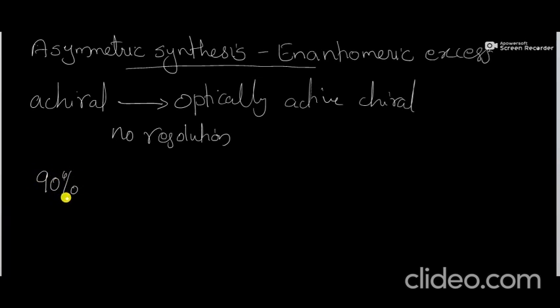This means that the product mixture contains 90% of one enantiomer and 10% of the other. That is meant by 90% enantiomeric selectivity.